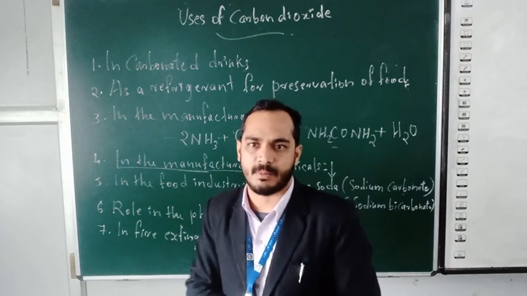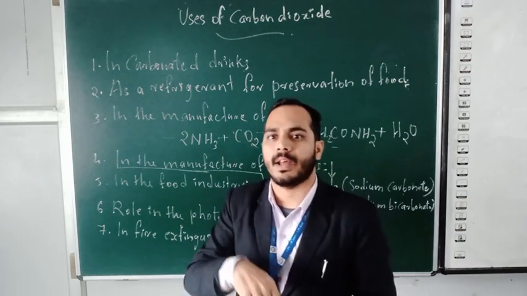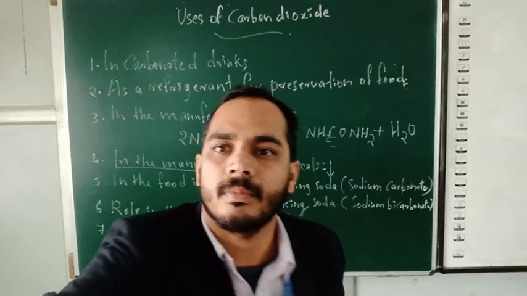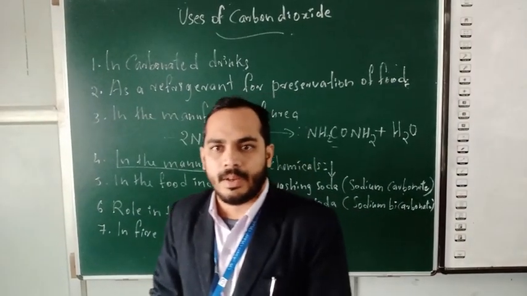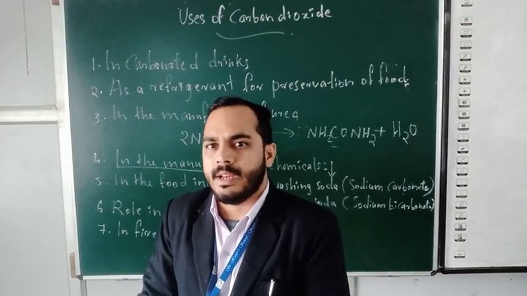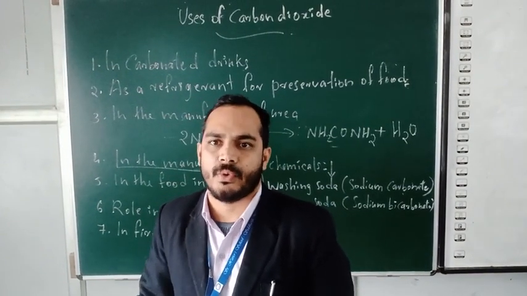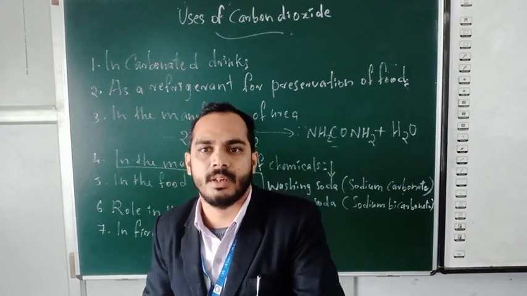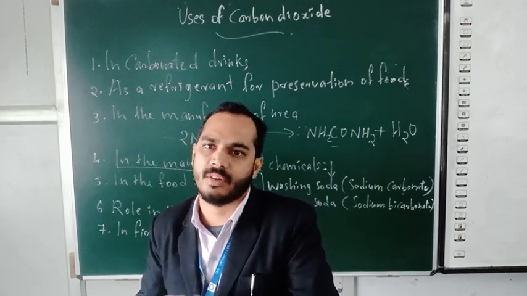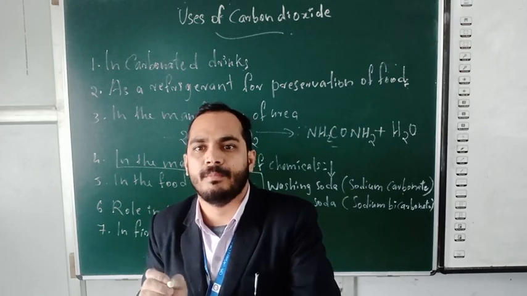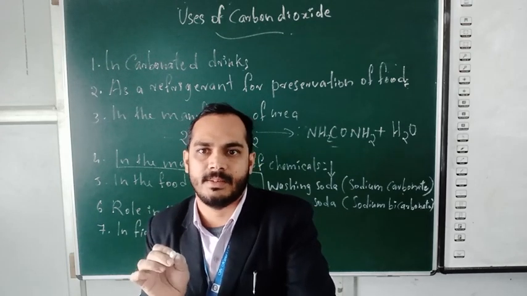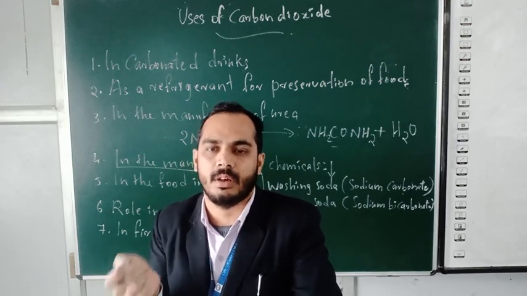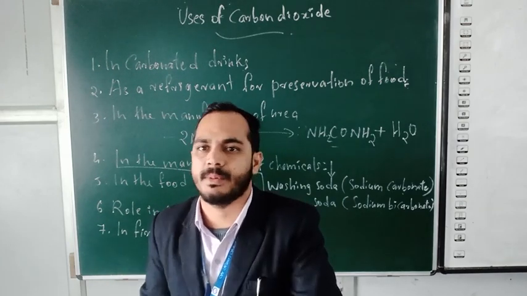I hope all of you know what sublimation is: the solid directly changes into gas. Dry ice means solid carbon dioxide, which is very cold. That's why it is used in refrigerators. This very cold substance helps us preserve food like meat, fruits and vegetables.